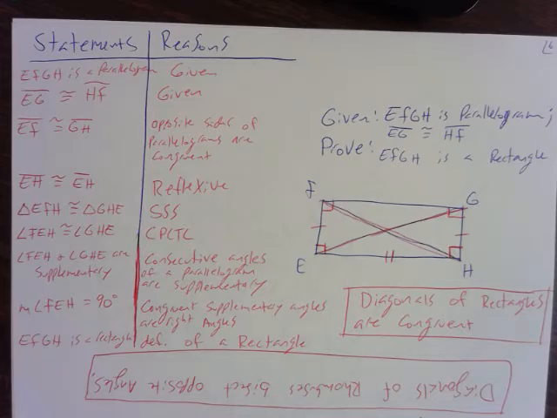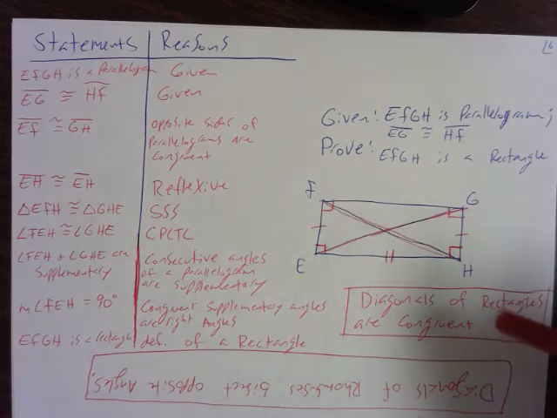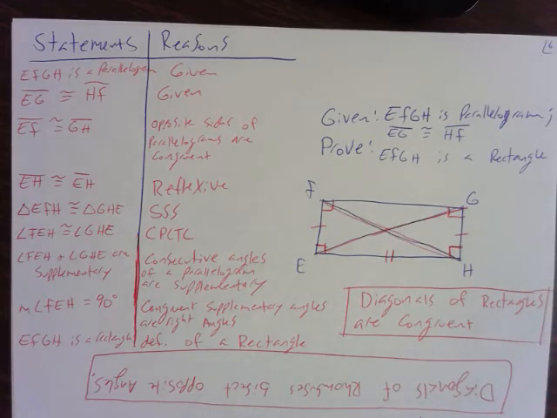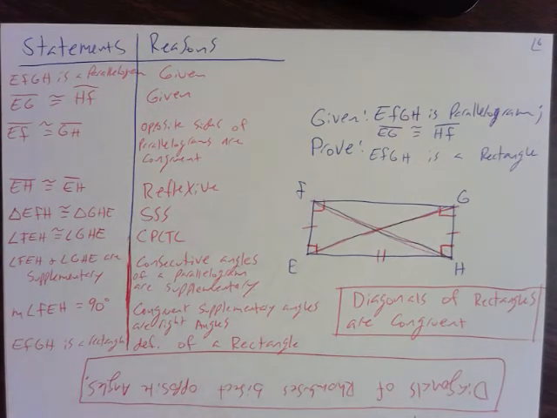Okay, if you think about a square, a square is a parallelogram because it has right angles. So I can use this rectangular proof on a square. Okay, if you think about a rhombus, it has all sides that are the same. And so a square is also a rhombus. So I can use my rhombus proof on a square.